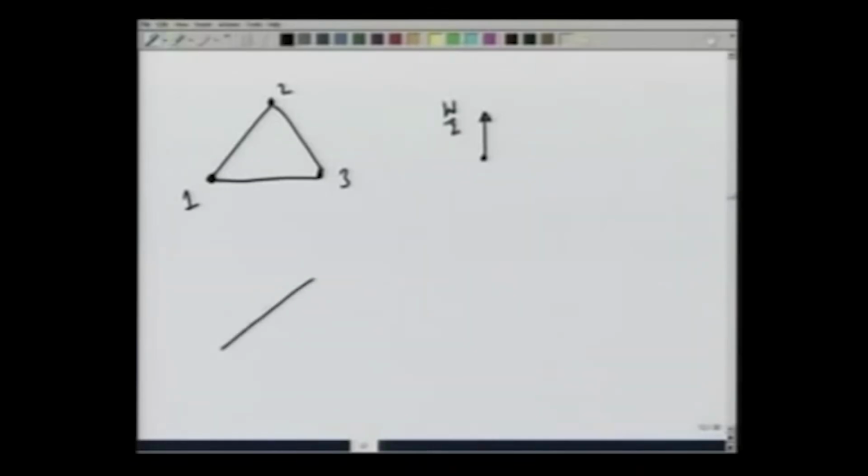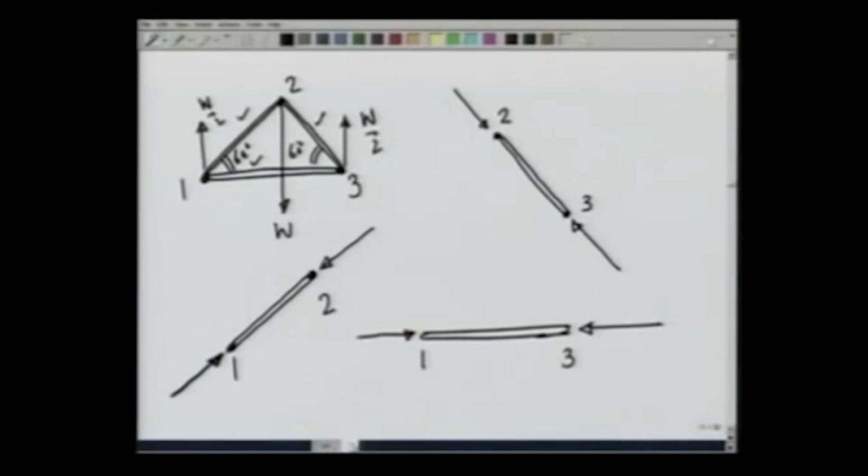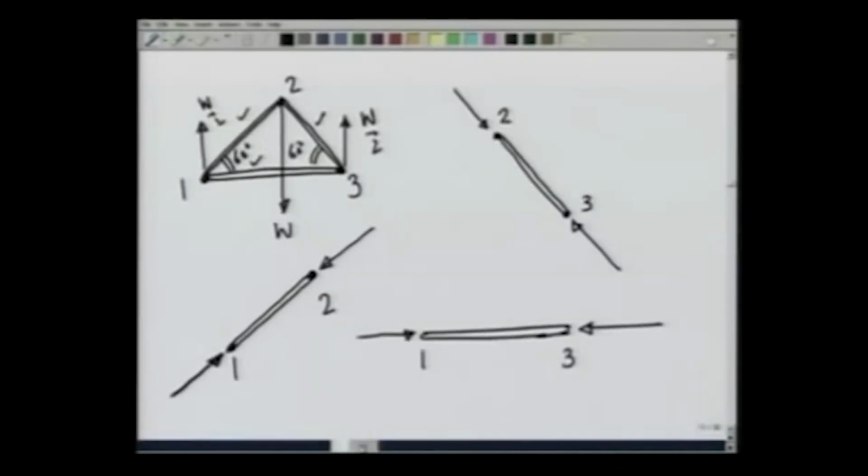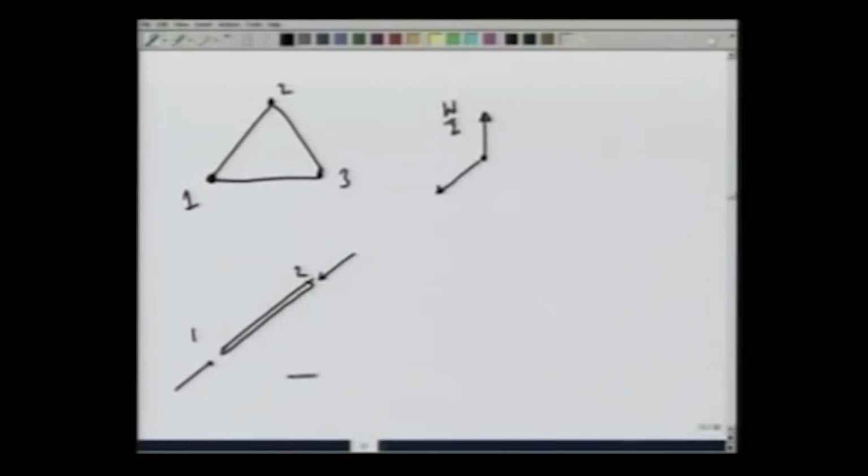Since for the rod 1, 2, I made forces that are pushing the rod, the rod would be applying a force the other way on the pin. Similarly, the force on 1, 3 that I made was also pushing the rod, that is, the force is compressive.